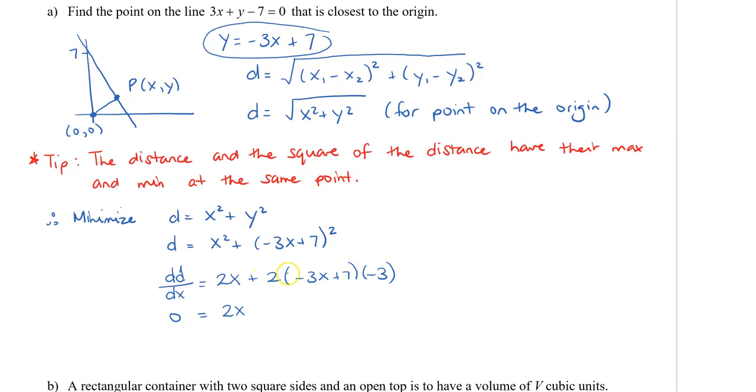And we're going to distribute the 2 and the negative 3 into this expression, plus 18x, and then 3 times 2 is 6, so that's negative 42. And let's isolate my x's, so I have negative 20x equals negative 42, so x equals 21 divided by 10. So this is my critical point.